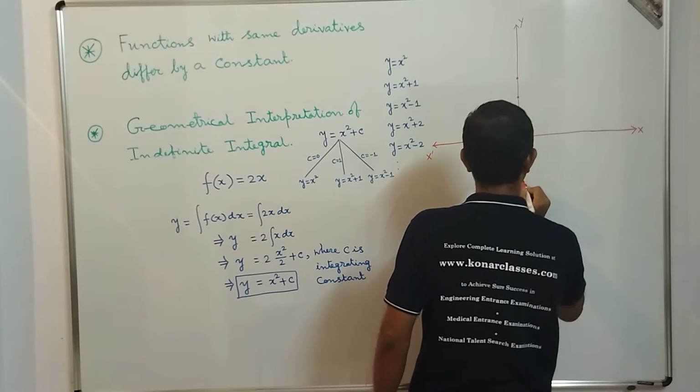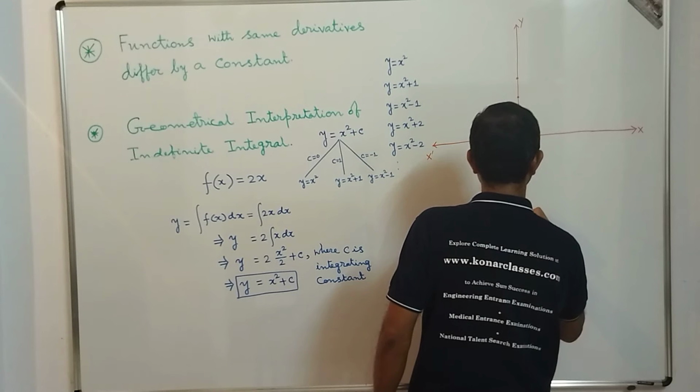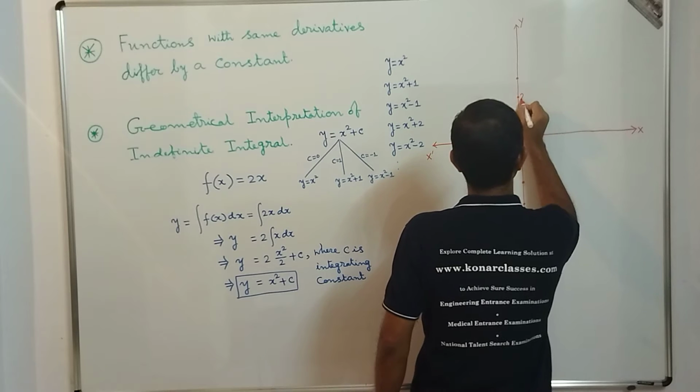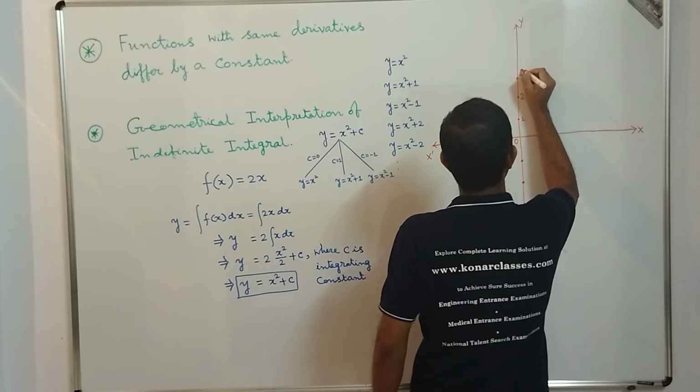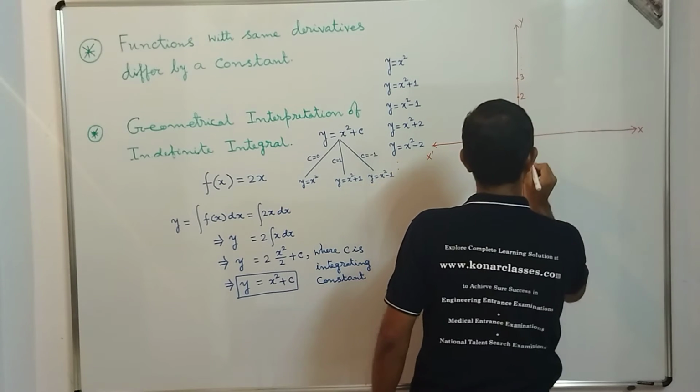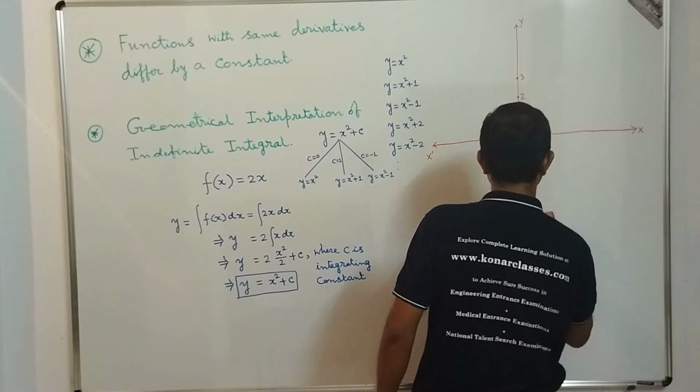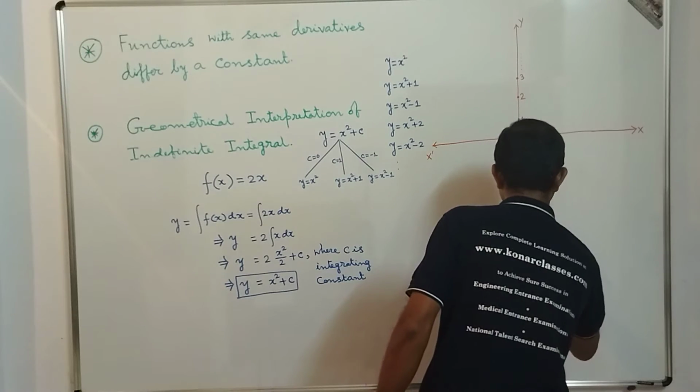Here it is -1, -2, -3. Similarly along the x-axis, here it is 1, 2, 3, and here it is -1, -2, -3, and it will proceed.